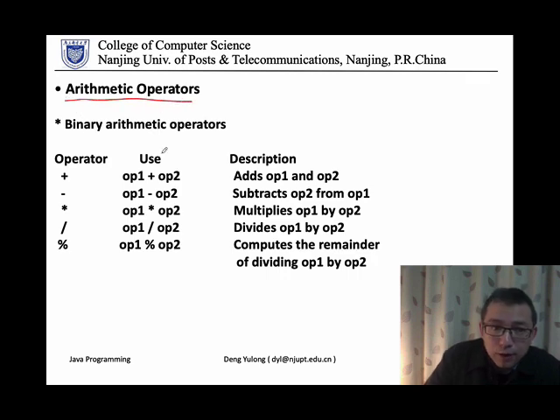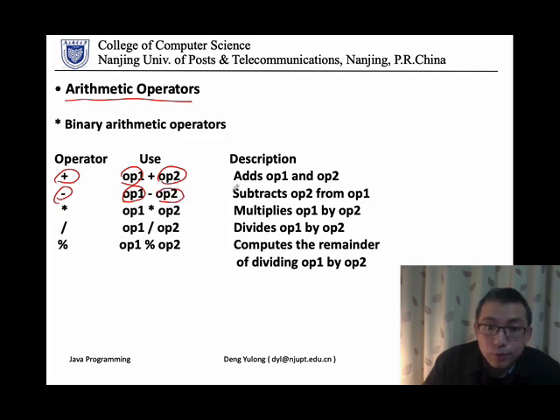With arithmetic operators, we do arithmetic operations on operands. For example, here we have two operands, the first and the second, and we add them together. We use the plus sign. With the minus sign, we subtract the second operand from the first operand.